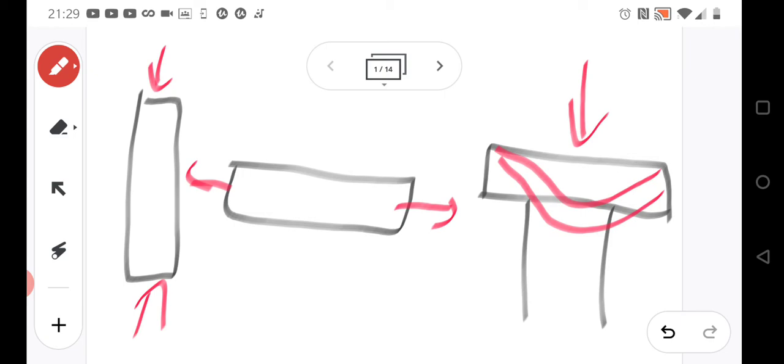Yes. And the beams are created to sustain this bending. Like the ties are created to sustain the tension, and columns are created to sustain compression.